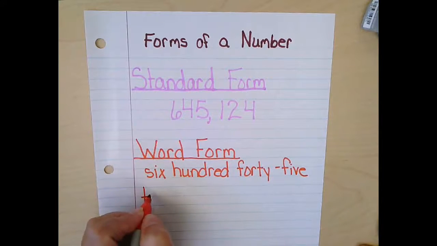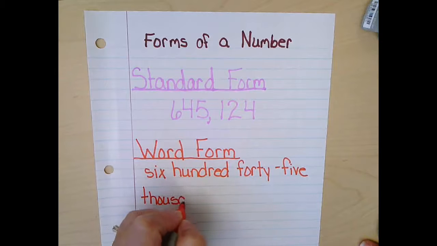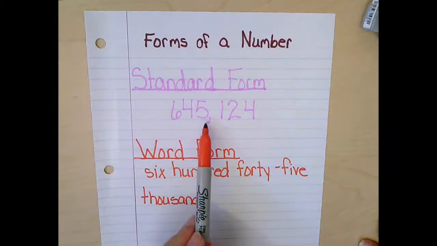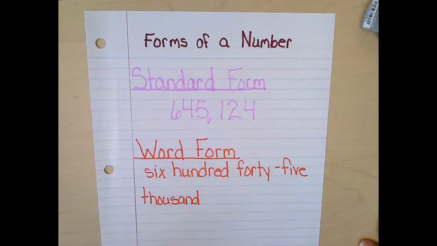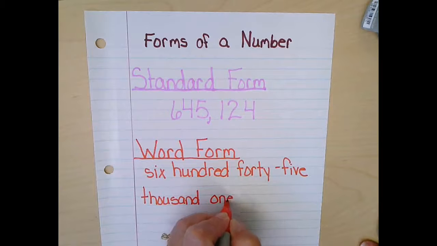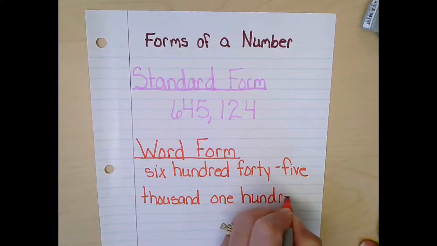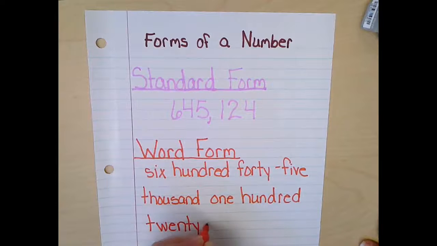645,000. We're not going to write the word and because we don't say the word and, but we have 645,000. Next we have 124. We're going to write exactly what we say. 124.